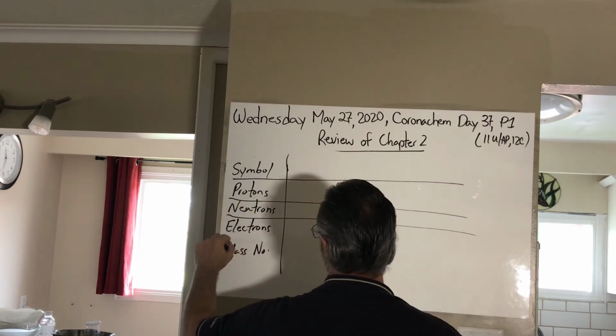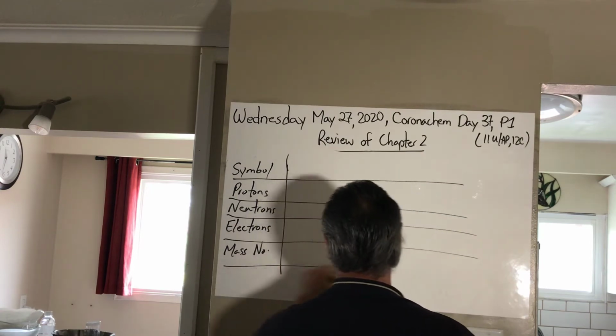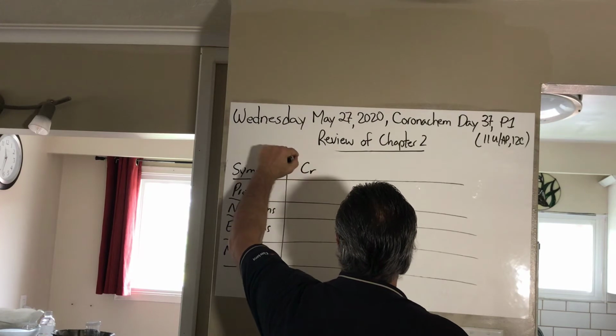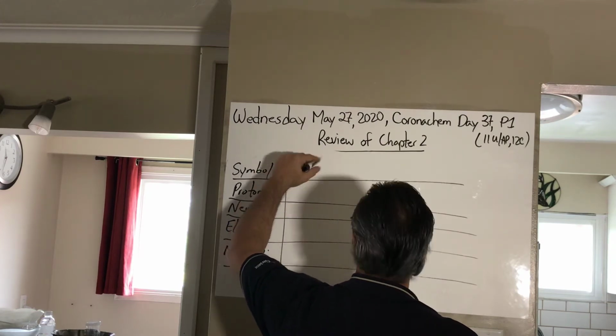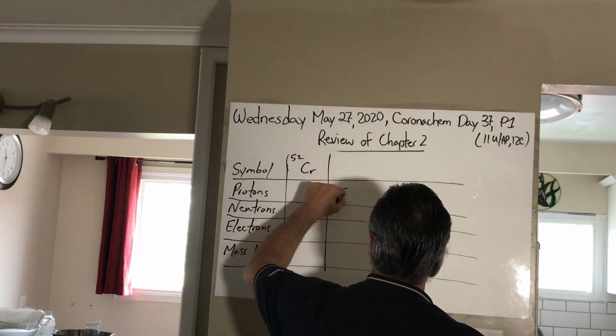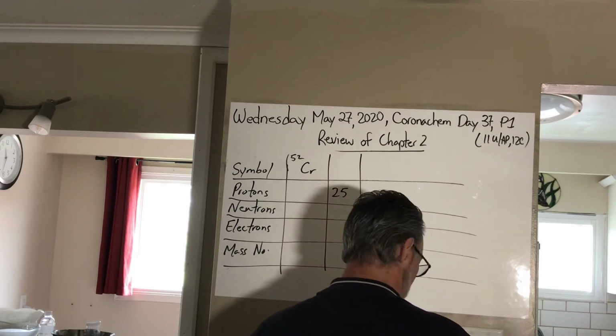And then they give you one clue for each one. On the first one, they give you the symbol, which is chromium with a 52. Second one, they give you the number of protons the thing has, 25.